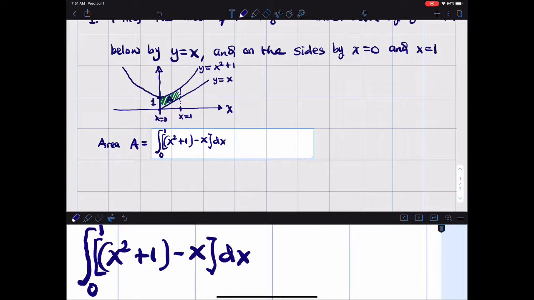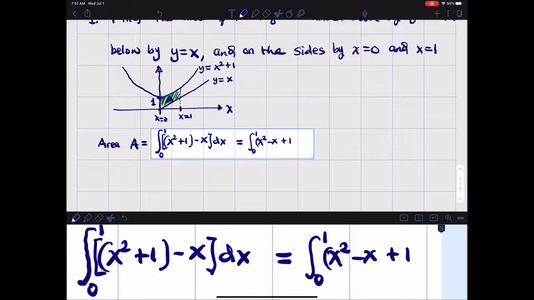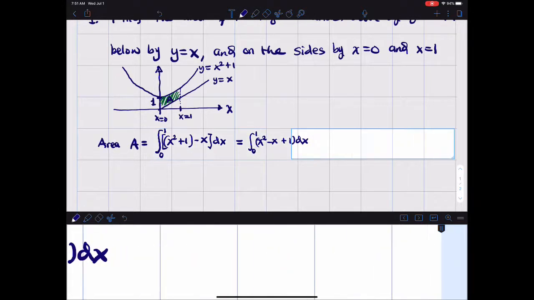So this is equal to the integral from 0 to 1 of x squared minus x plus 1 dx. And then if you perform this integration, you get x to the power of 3 over 3.